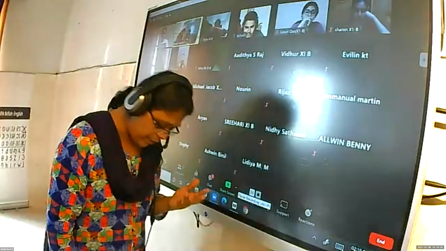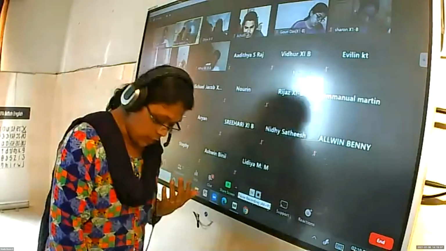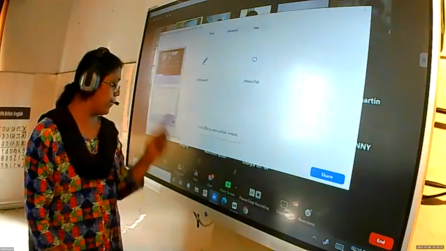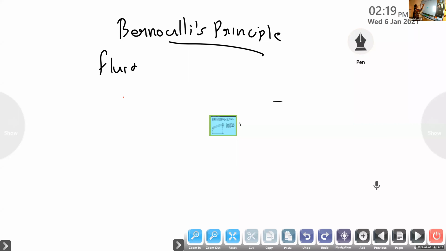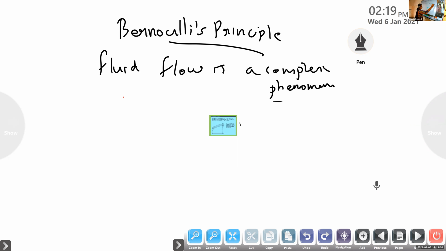Write down: since fluid flow is a complex phenomenon, we can get some useful properties of streamline flow, as we compare with a turbulent flow.